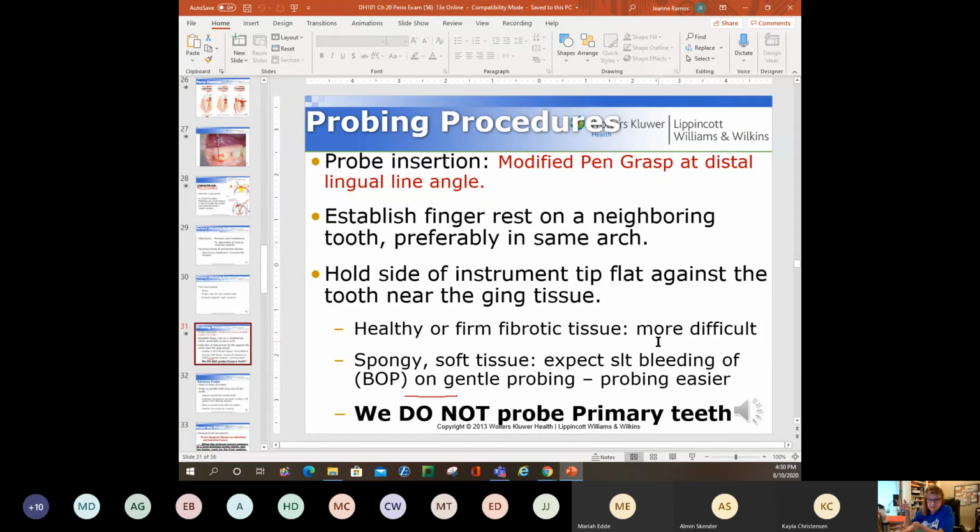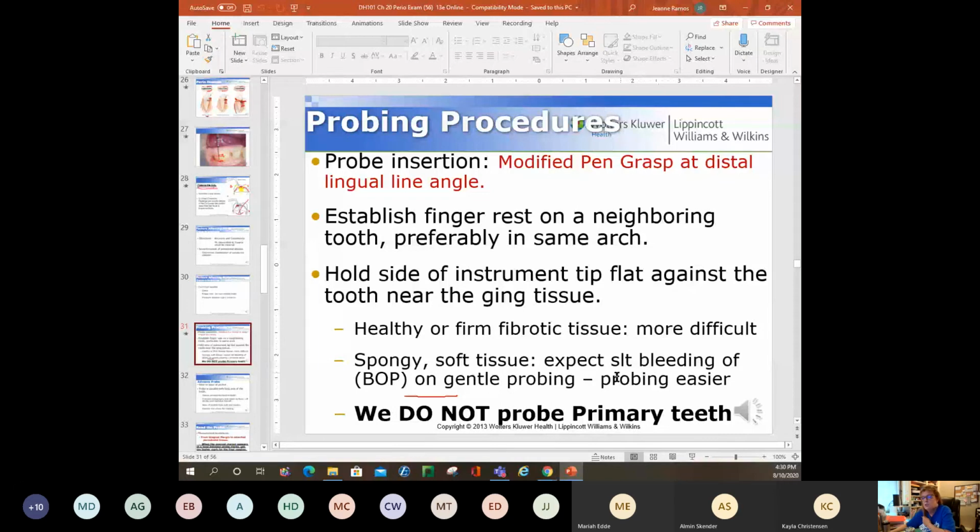Unfortunately, if they've got some disease and their gums are flapping in the wind, it's obviously going to be super easy to get a probe down there. So the healthier their teeth are, the more sensitive they might be to the probing. If you have spongy soft tissue, you still are going to be gentle, and it's probably going to have a lot more BOP.